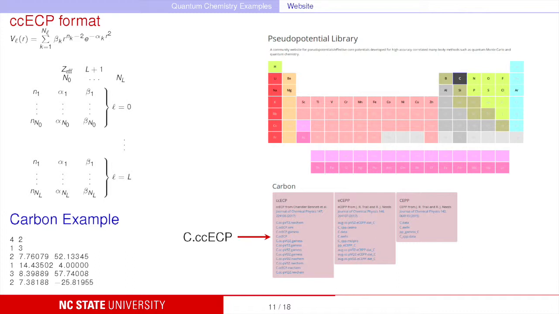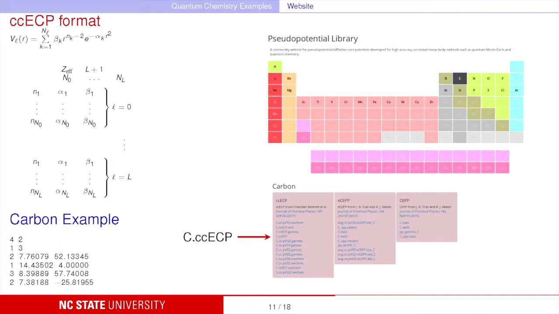This CCECP represents the correlation consistent pseudopotential that I'm talking about. And then there are other ECPs that you can also test against. The two that are included here are from the Trail Needs group, titled ECEPP and CEPP, I believe. These are another set of correlated pseudopotentials that you can download for carbon. But I'm focusing on our correlation consistent pseudopotentials.